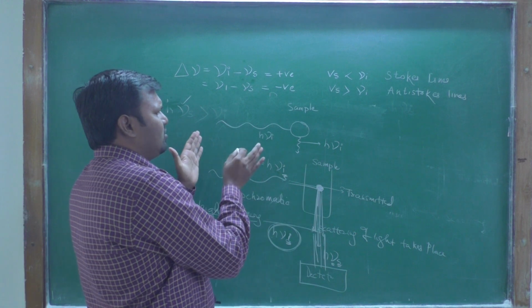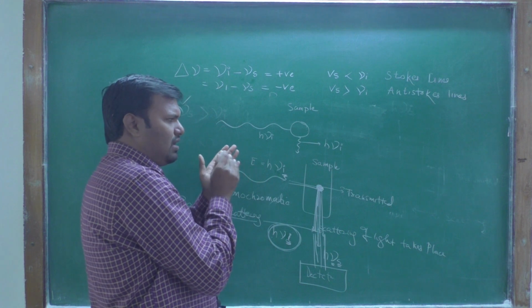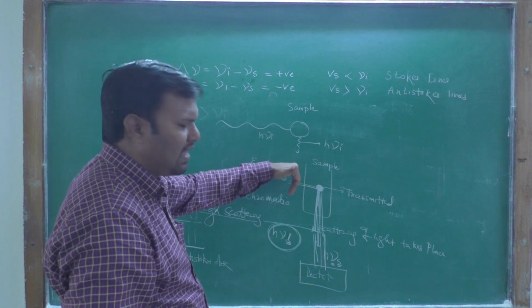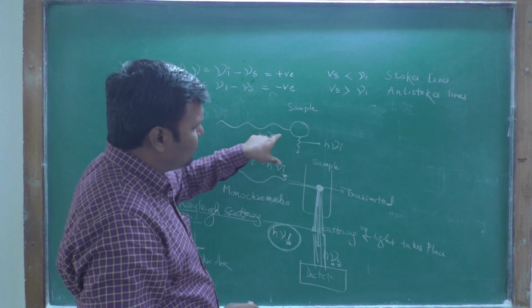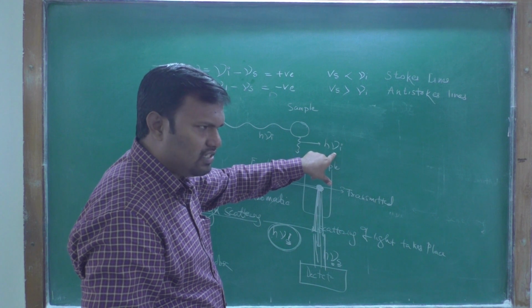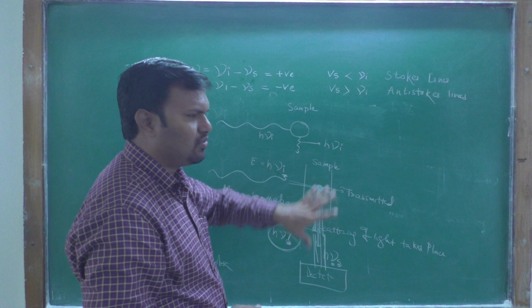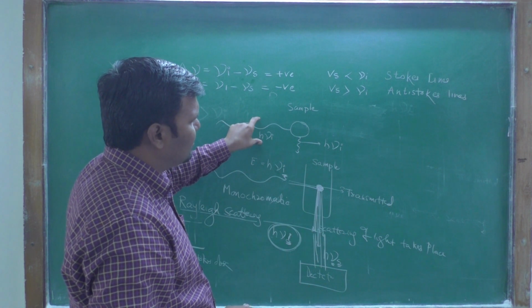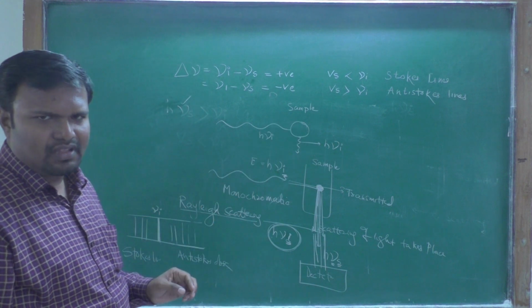If incident light falls on the sample and the frequency of the incident light and the scattered light is the same, h mu I equals h mu I, it means the energy of incident light and scattered light is the same.